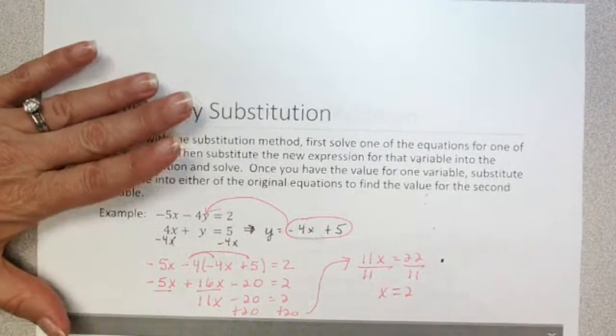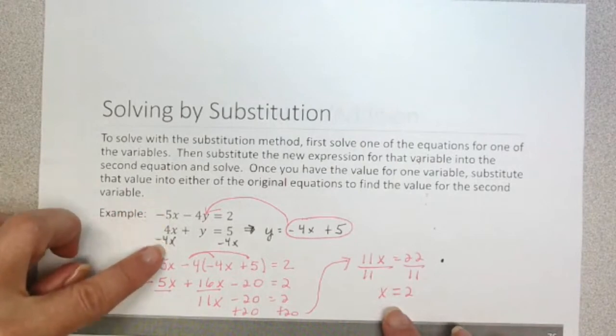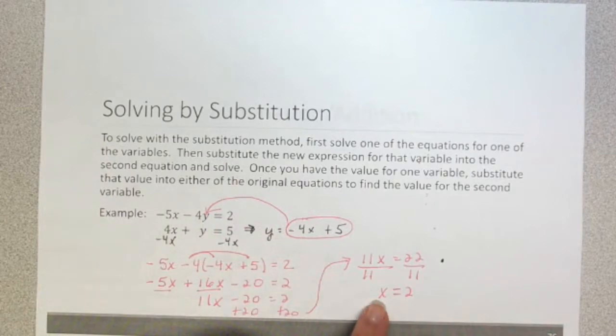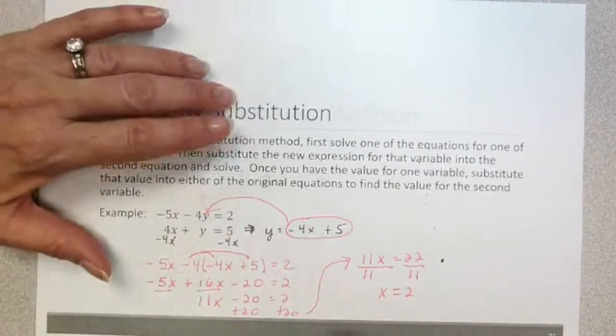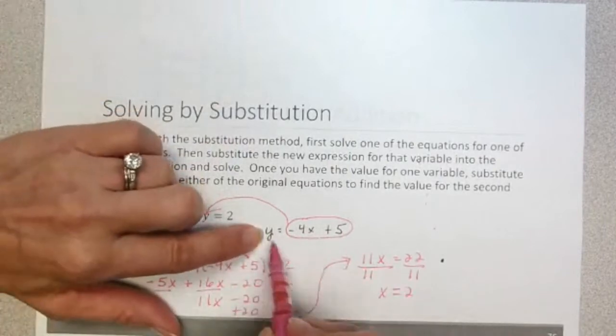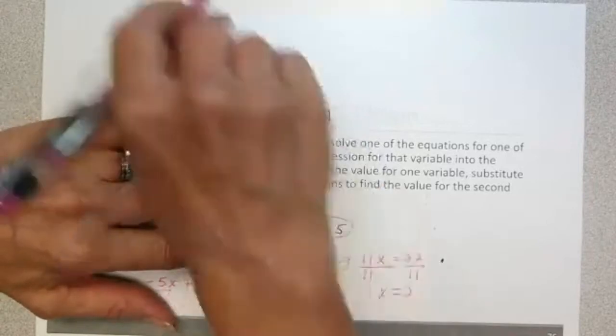Okay, now that we know the value of x, we can use that value in either one of these two equations, or the one where I solved for y. Any of these equations, I can use that value of x to find the value of y. I think it'll be easiest to use this equation here, so I'll do that.